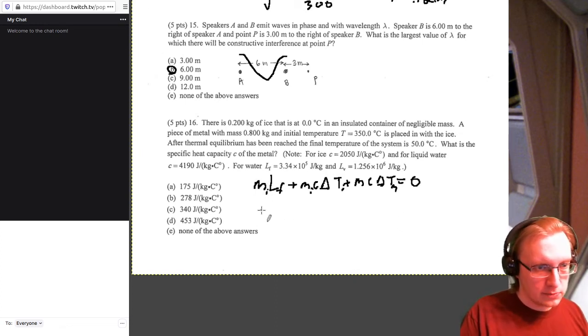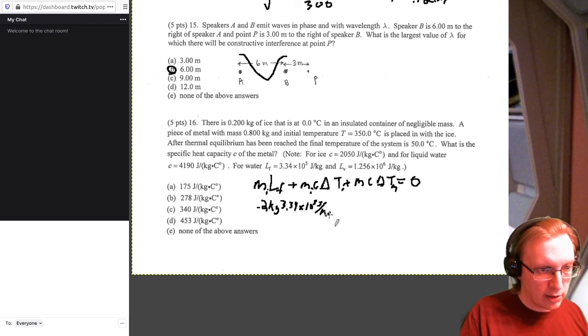So then, we have mass of the ice of 0.2 kilos. We need to melt it. That's 3.34 times 10 to the 5 joules per kilogram. That cancels out.